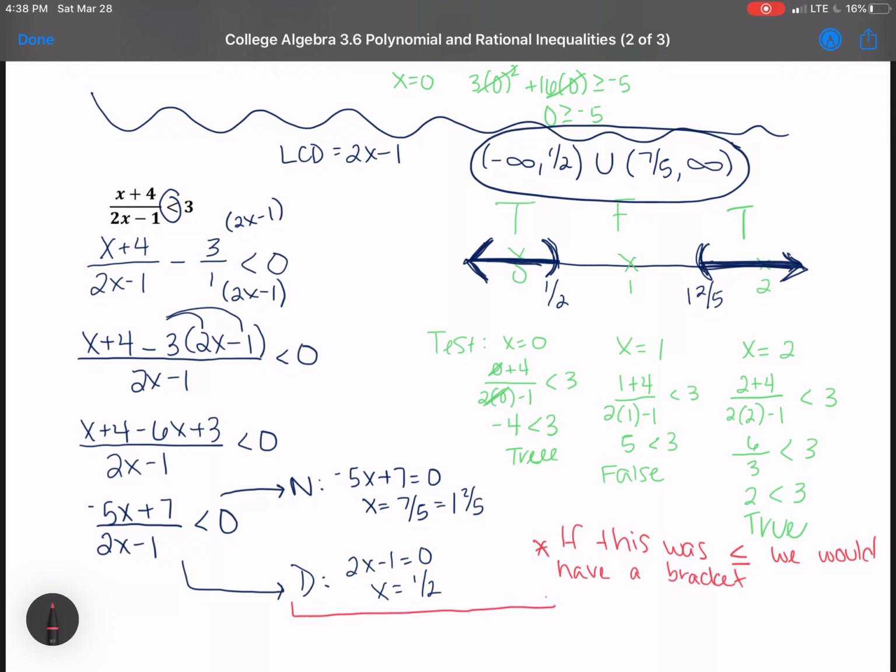Remember, our denominator cannot equal 0, which means at x equals 1/2, there would be a parenthesis, not a bracket.